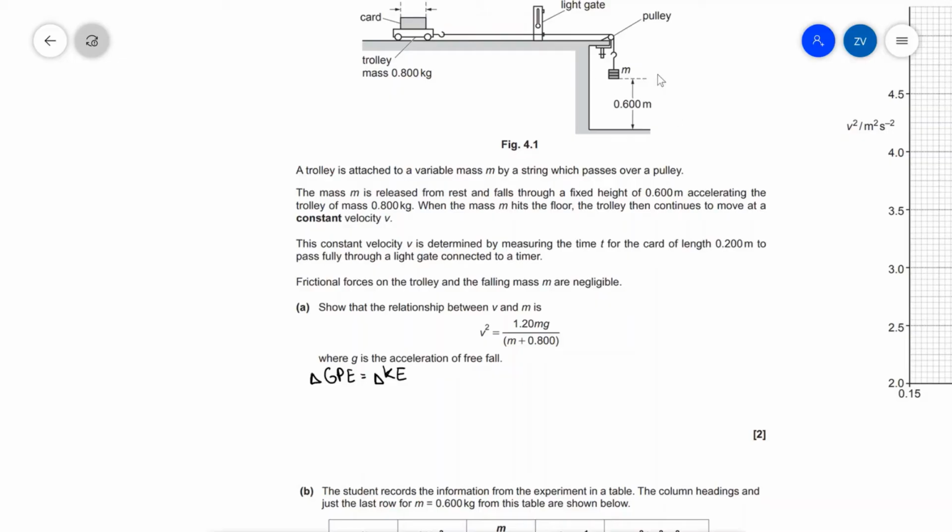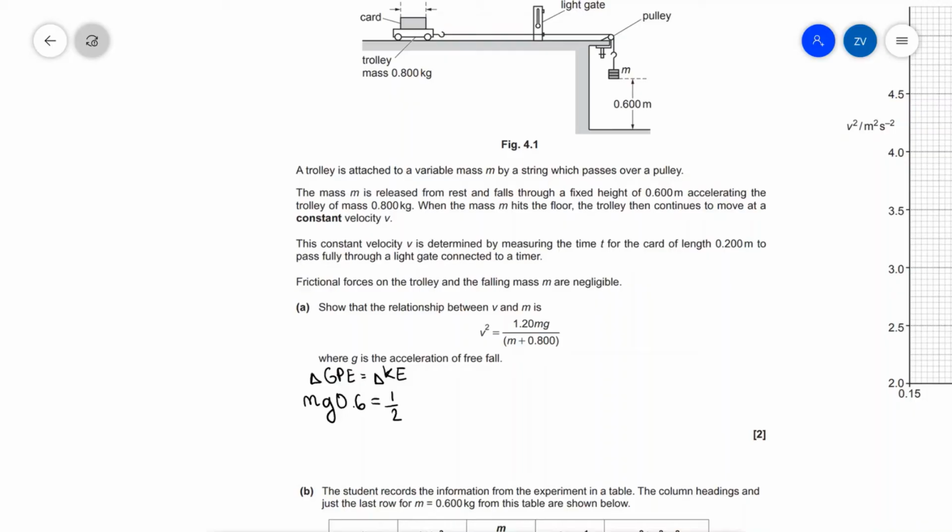Now, the only object which changes GPE is this mass m, and that falls down a distance of 0.6 meters. So the change in gravitational potential energy will be mgh, which is just mg times 0.6, and this will get transferred to kinetic energy, which is a half.